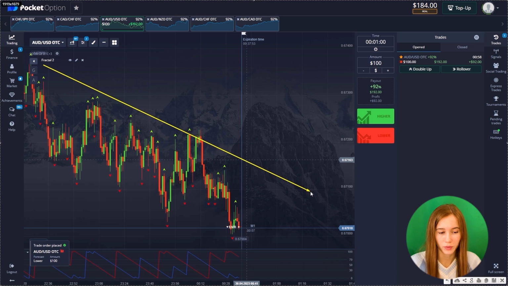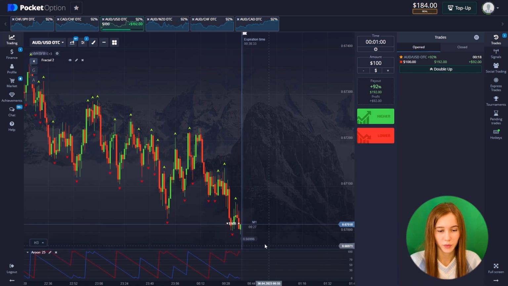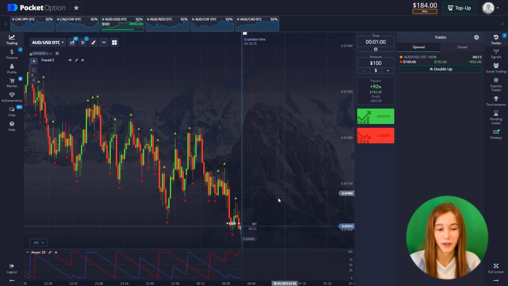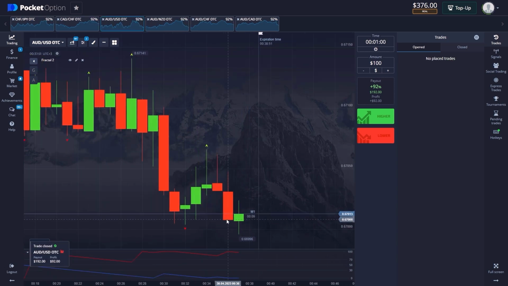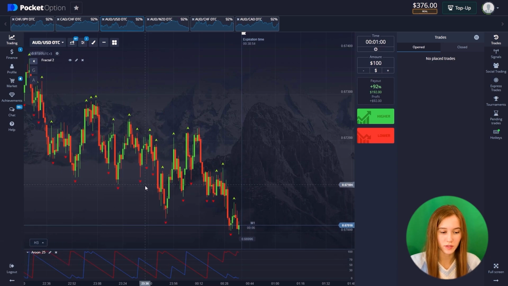Next, we look at our indicator. Yeah, some kind of consolidation, I think. Let's see. There are 15 seconds left until the end of our deal. We're still below our opening point at the moment. That's pretty good, although there is still a small intersection. Yeah, plus deal we see. Good.